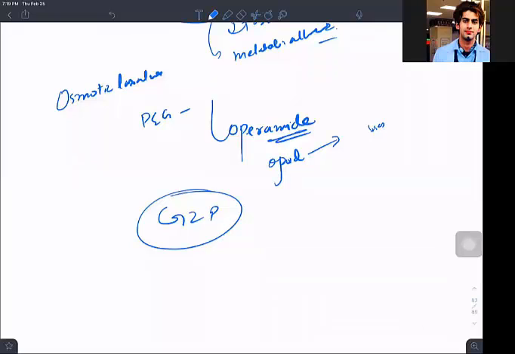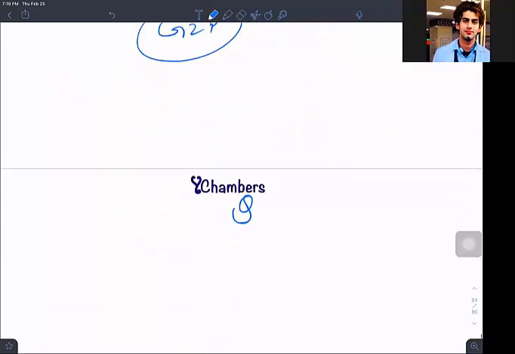But the difference lies in the drugs. So you will be giving clarithromycin 500. So if I write a table for you, clarithromycin 500 mg, amoxicillin 1000 mg. This is a triple therapy, okay?